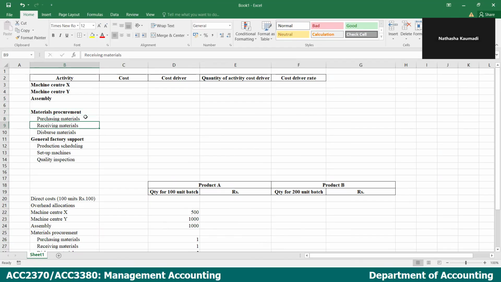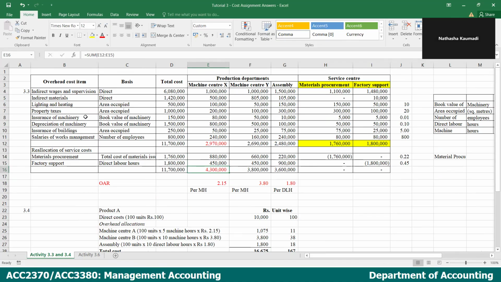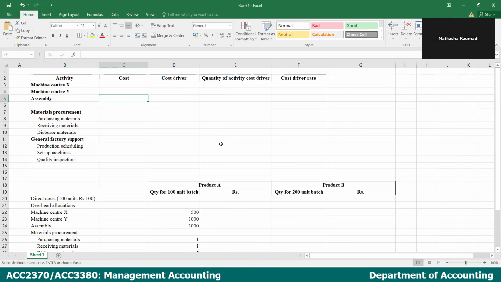The material procurement, general factory, department-wise, activity-wise, we are going to take the cost and allocate and do the calculation. So if you just take this 4.3 million, that means in addition to 2.97 million, you have taken reallocated cost as well. So if you take 4.3 million, it will be double counted. That's why you need to take only 2.97 million. You are not taking the service cost centers because we are going to take it in future. So you are taking only 2.97 million. So likewise, I'm taking the cost here.